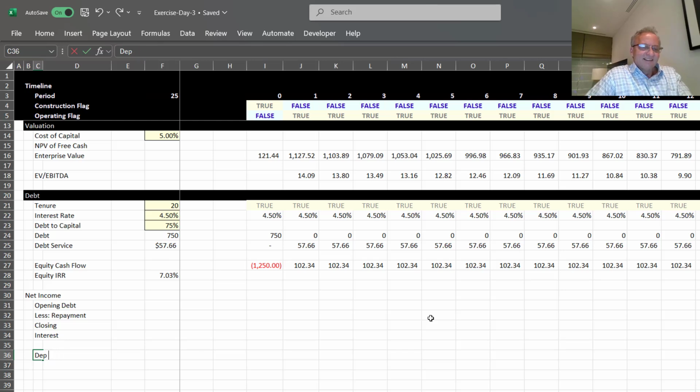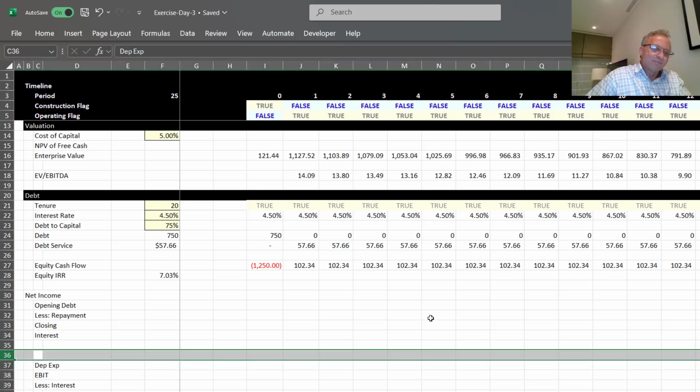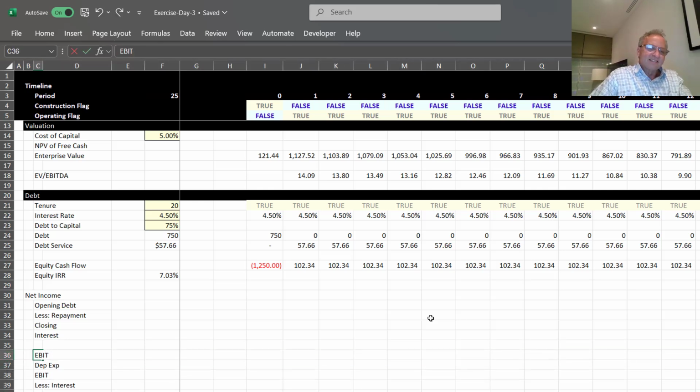And then we have our EBITDA, so we can get our EBIT. And then after the EBIT, we'll say less the interest. And maybe we should have started up here with EBITDA, and then we can get our net income.